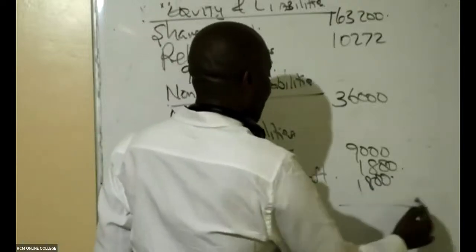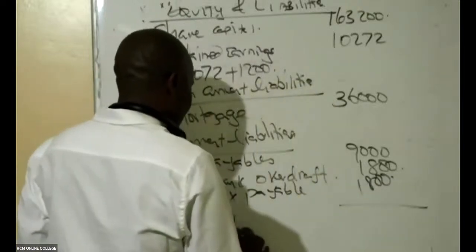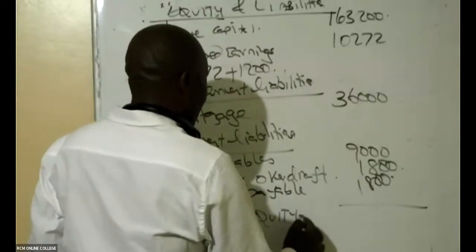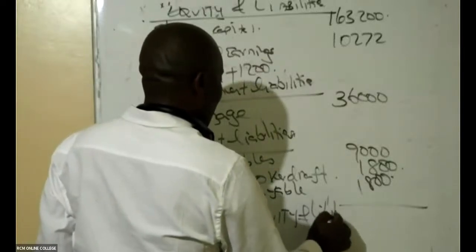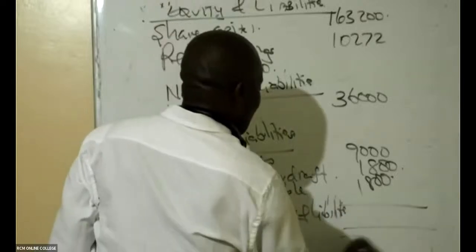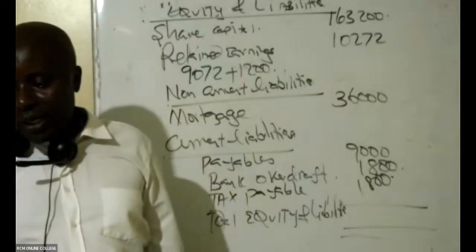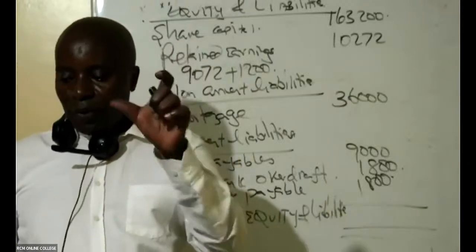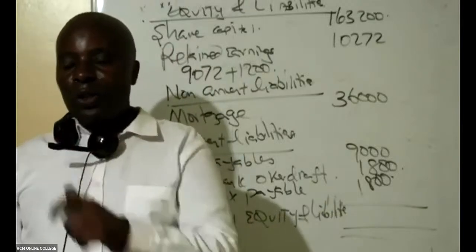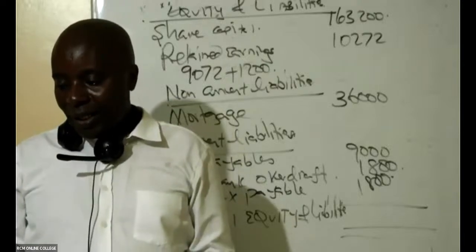So add everything to give us total equity and liabilities. Unless we are thieves, everything should balance with our total assets. It's only thieves who can't account for how they raised their assets.